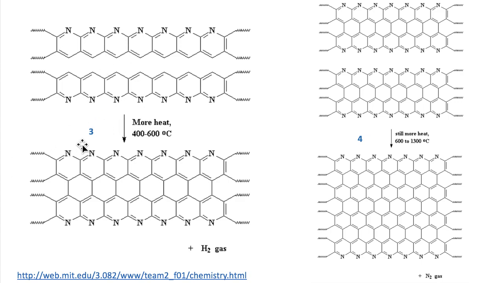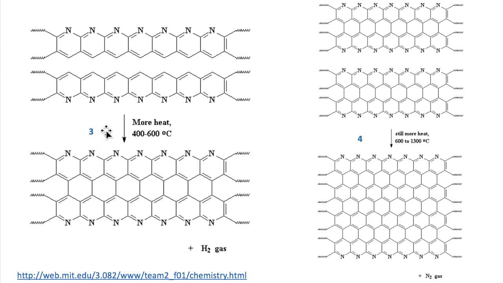So now on the third stage, you had this pyridine aromatic structure, and then you're applying even more heat, this time between 400 to 600 degrees Celsius. You're going to be combining some of the adjacent chains, so the chains that are next to each other are going to combine together, as you can see right here.